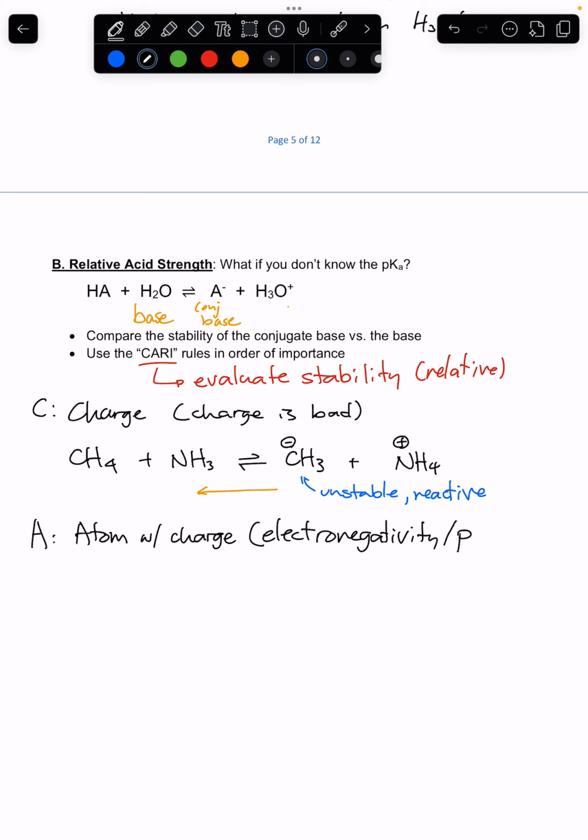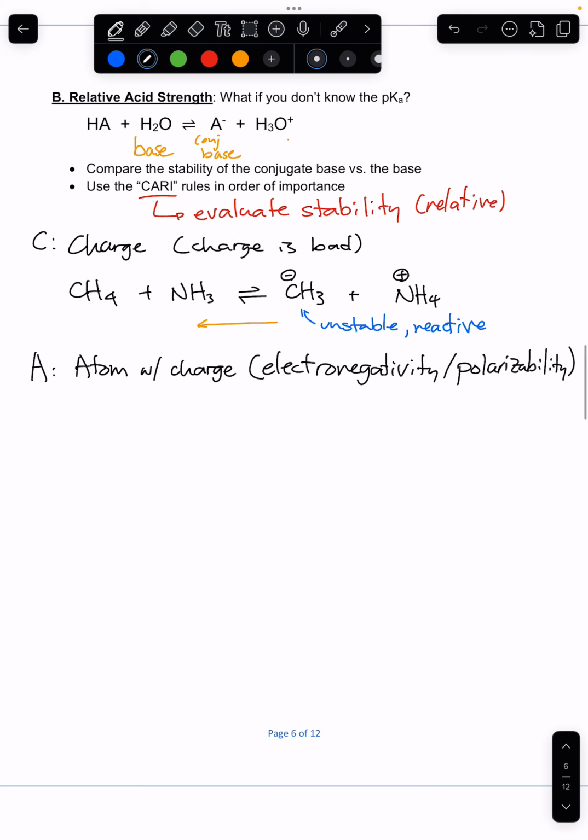And polarizability to some extent. Some atoms are more polarizable than other atoms. For instance, NH4 with a positive charge on nitrogen is more stable than the hydronium ion with a positive charge on oxygen.